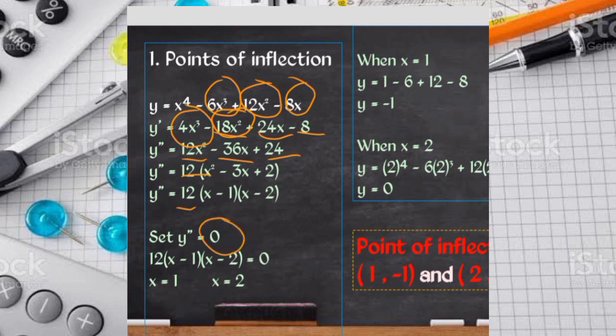So 12 times x minus 1 times x minus 2 is equal to 0. So x is equal to 1 and x is equal to 2.